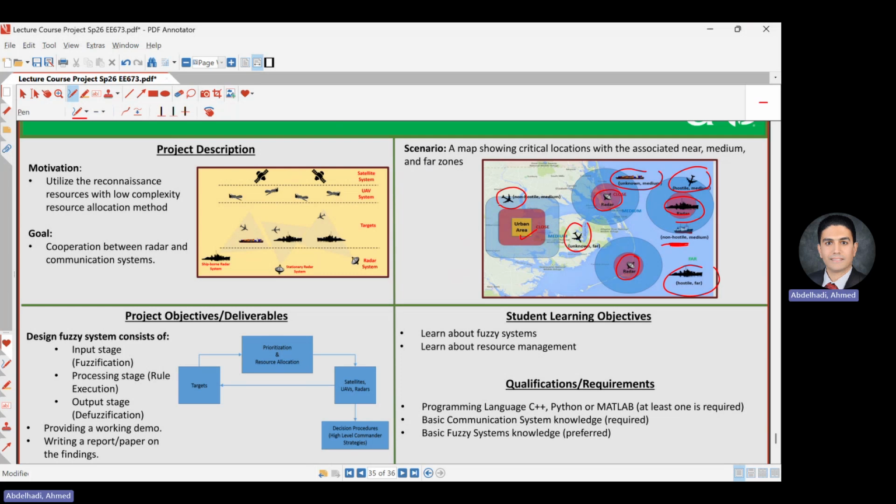But you can have another type of vehicle moving that is unknown. You don't know if this is hostile or non-hostile, and its distance is medium. Then you look at this one, you find it's hostile, but the distance is medium. You find this hostile, but it is far. This is unknown, but it is far. This is non-hostile, but it's medium.